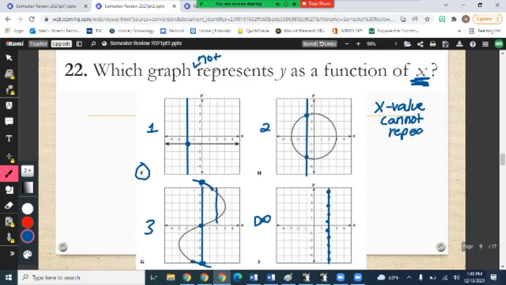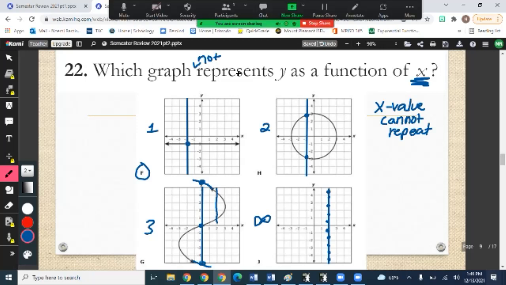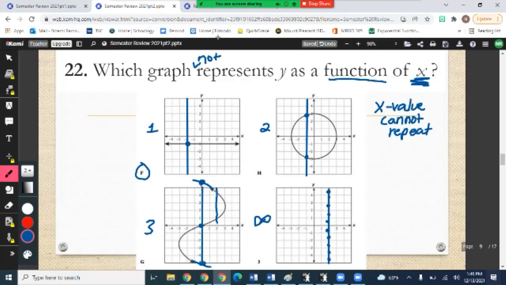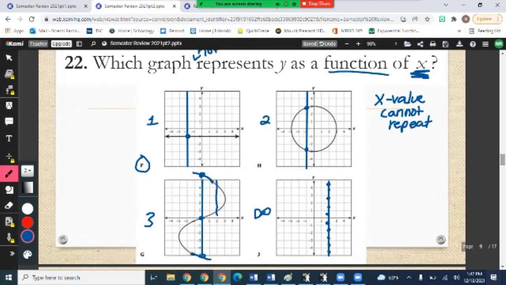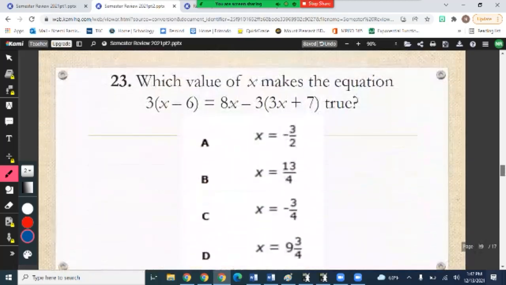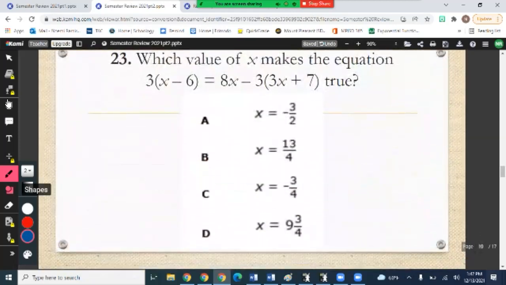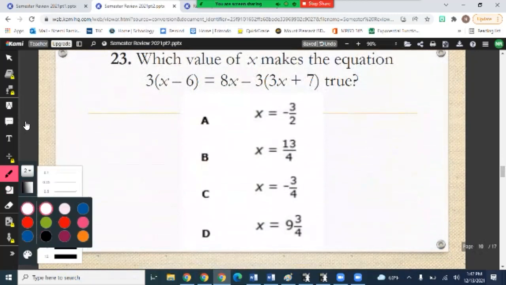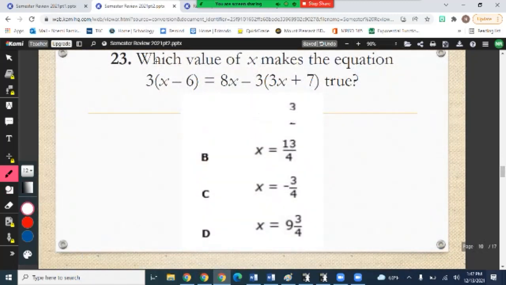You're always looking to see if the X value repeats or not with functions. Don't pay attention to the rest of this, y is a function of x, just gibberish. Functions: X value cannot repeat. If you're given a table, look at the X values. If you're given a set of ordered pairs, look at the X values. Next one, I'm going to cross out.